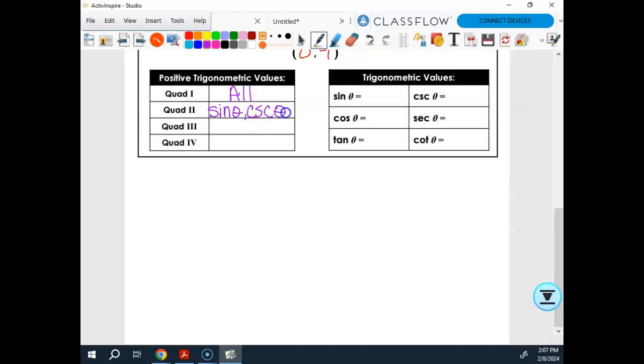Remember, each pair has one co in it. Quadrant 3, what's positive? Tangent and what? Cotangent, good. Quadrant 4 is cosine and what? What's the reciprocal of cosine? Secant, good.